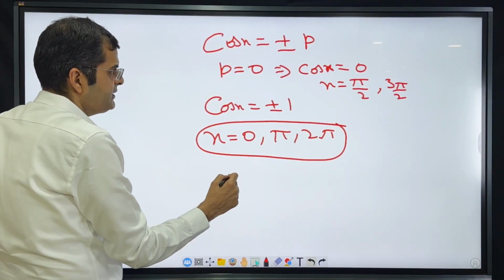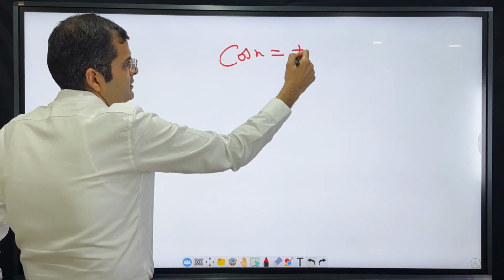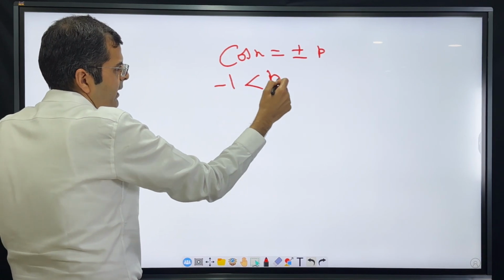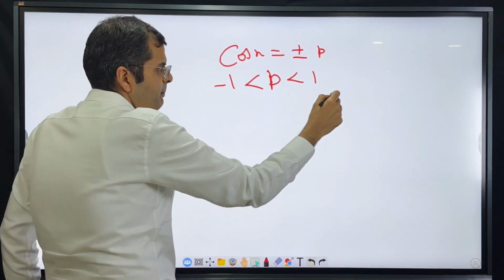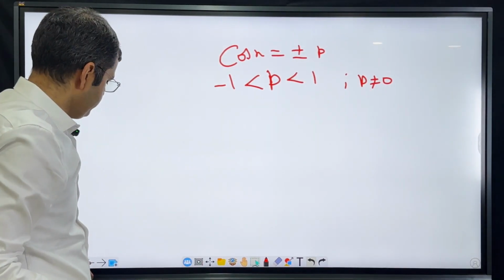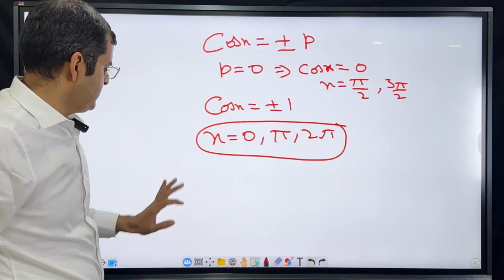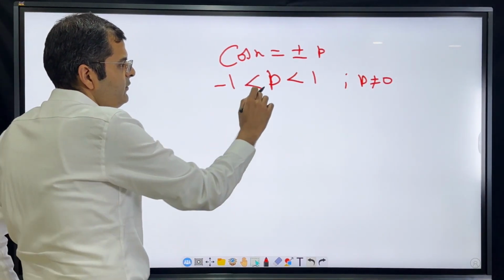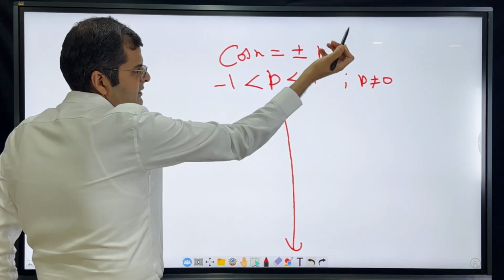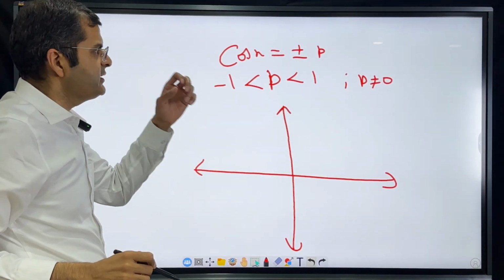Other possibility is, again, cos x is equal to plus minus p, where p lies between minus 1 to plus 1 and p is not 0, because p is 0 is another case we have already taken into consideration. Now, if p lies between minus 1 and 1, and let's say cos x is p, I'm just taking the positive side of it.